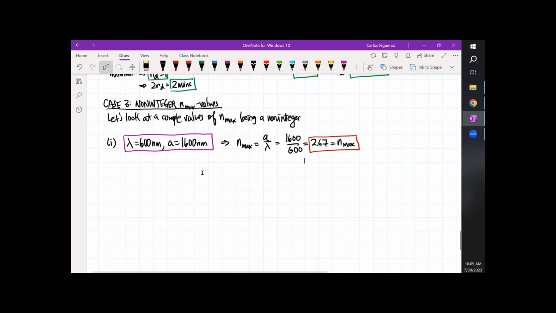So we're seeing that this is not an integer. This is not a half integer. So that means that the end of the diffraction pattern must be a partial max.